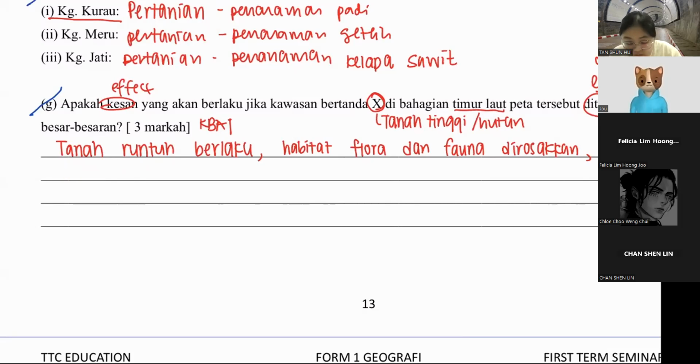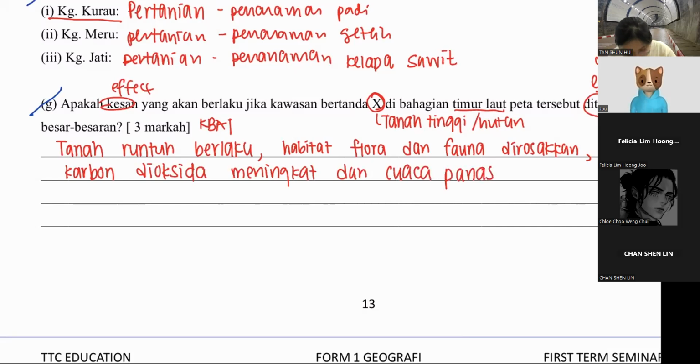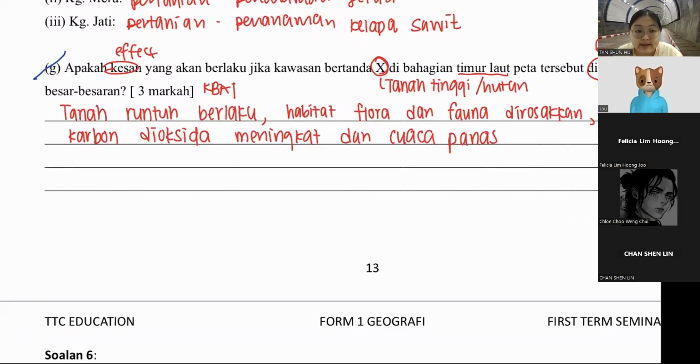So we don't straight away say no oxygen because you still have other plants, but you can say lesser oxygen or more carbon dioxide, right? Or even you can say carbon dioksida meningkat. And then cuaca panas, hot. Okay?